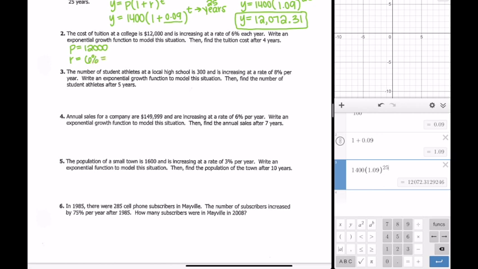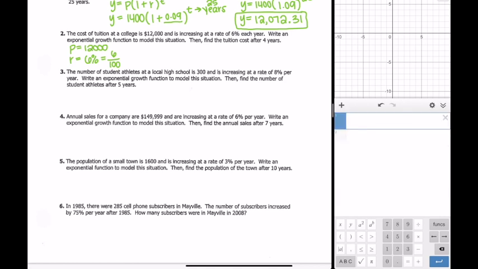But remember, we want to say that's 6 out of 100, so what is that as a decimal? Right, 6 divided by 100 is 0.06. So our equation will be y equals 12,000 times 1 plus 0.06 raised to t.